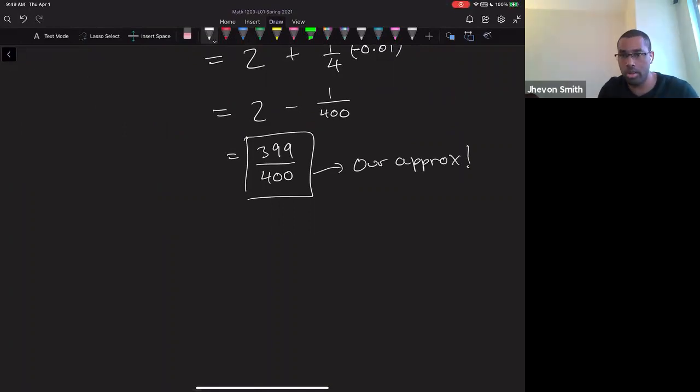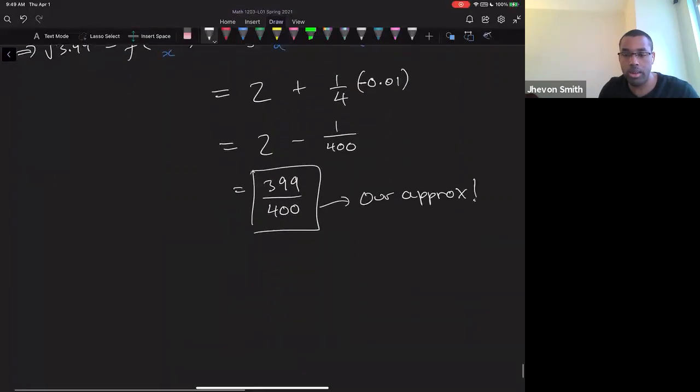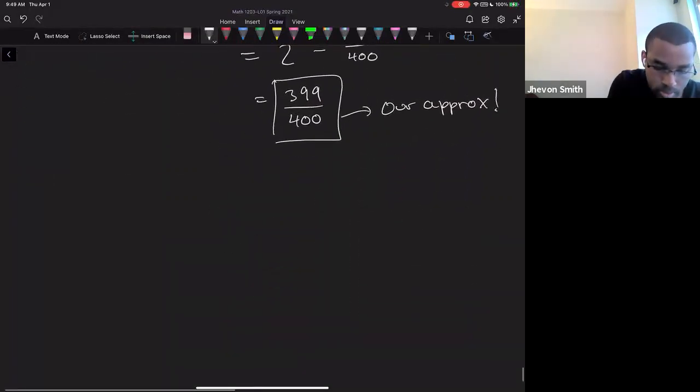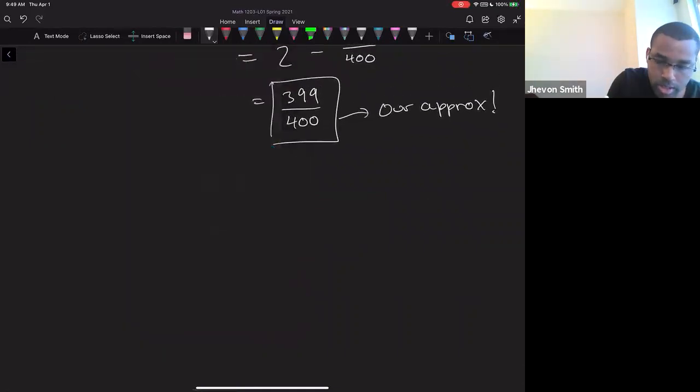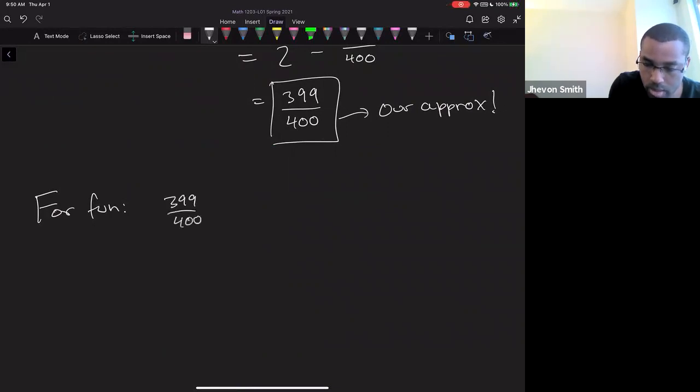So now you know how to do the bonus problem on the test. This is the idea that you should have done. I'll let you guys go, but first, I just want you guys to see, for fun, our 399 over 400, what is that actually equal to? 399 divided by 400.